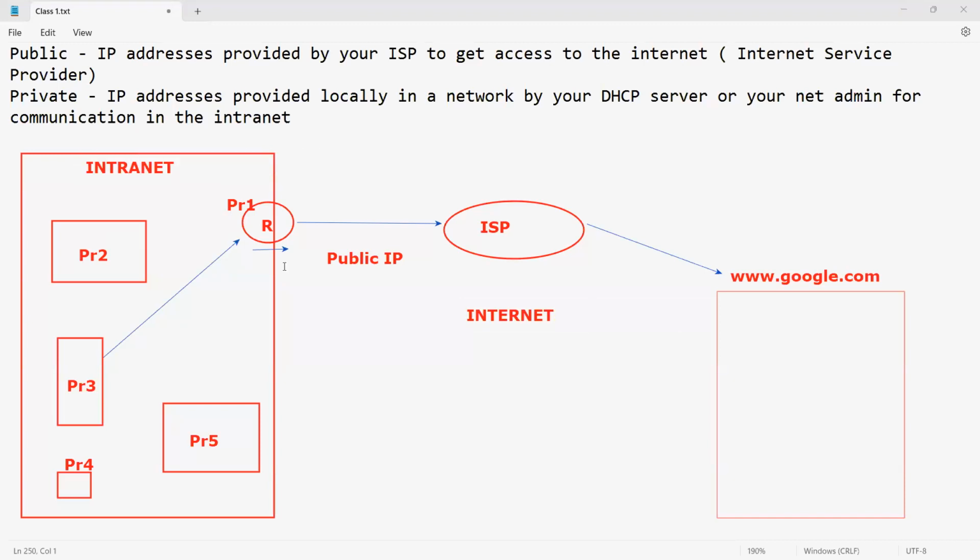Intranet is your local home network, or your local organization network. Internet is a public network where anyone can send traffic to any website. In my intranet, each of these devices will be using a private IP, and over the internet, each of the devices standing outside your network will have a public IP. Is that clear? Where do we use private and where do we use public IPs? Any questions regarding that?